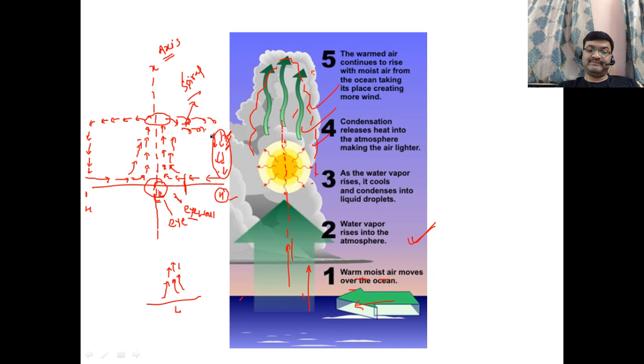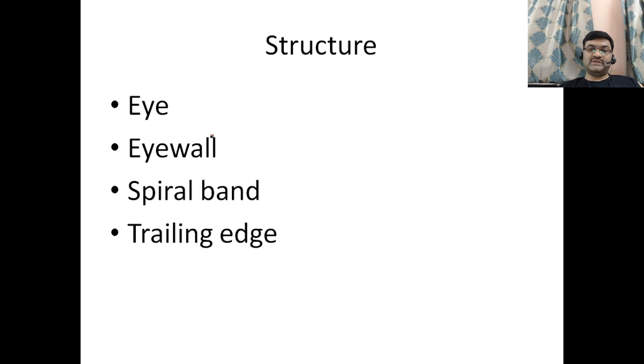Yes, is it making sense? So the structure of the cyclone now consists of four parts, right?